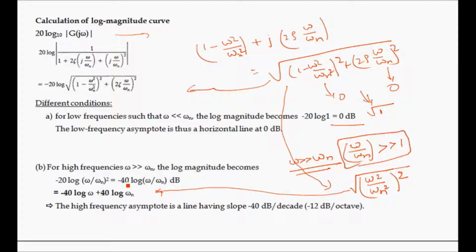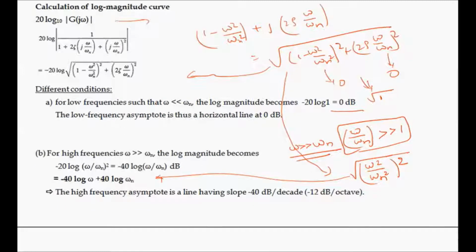So clearly the value is equal to minus 40 log omega divided by omega n dB, which is equal to minus 40 log omega plus 40 log omega n. So clearly the high frequency asymptote is a line having a slope of minus 40 decibel per decade or minus 12 decibel per octave. So how do we get this minus 40 decibel per decade?